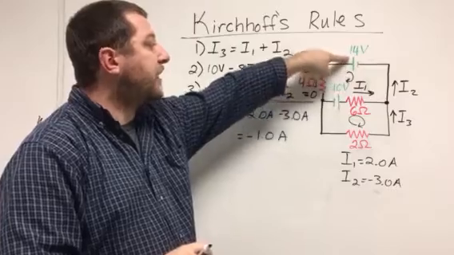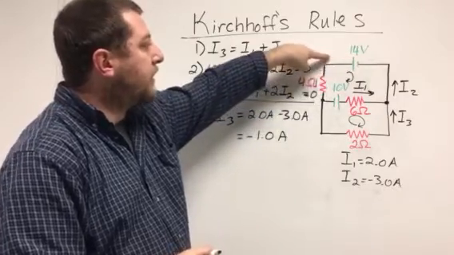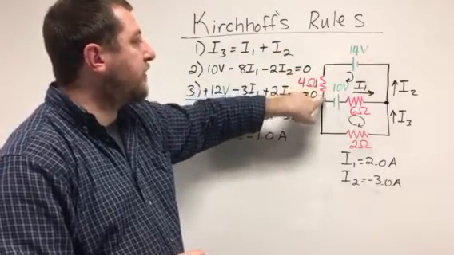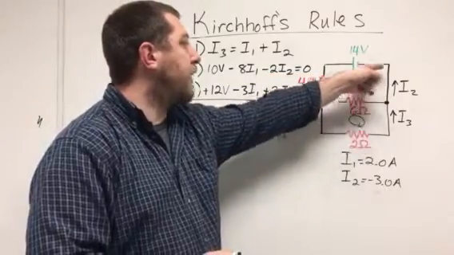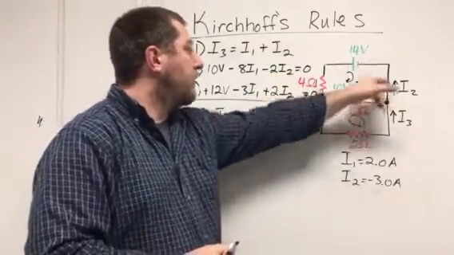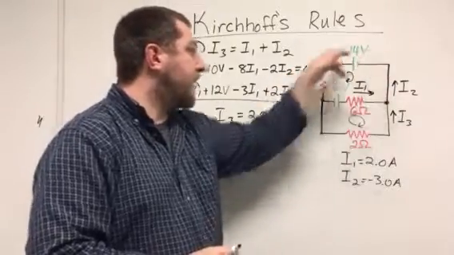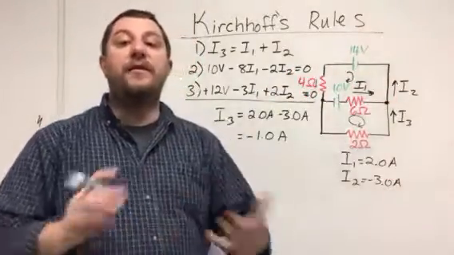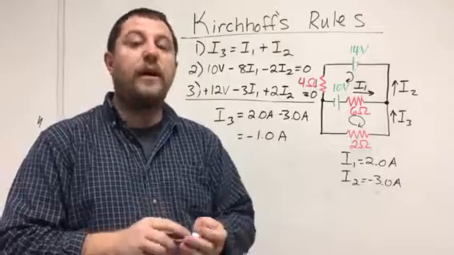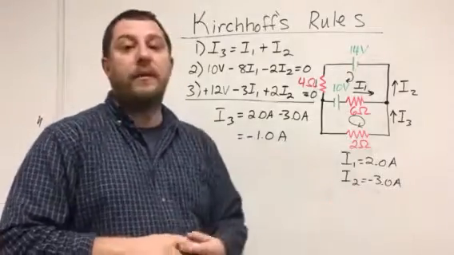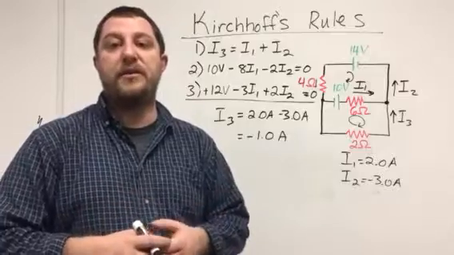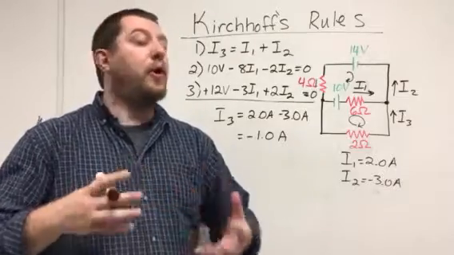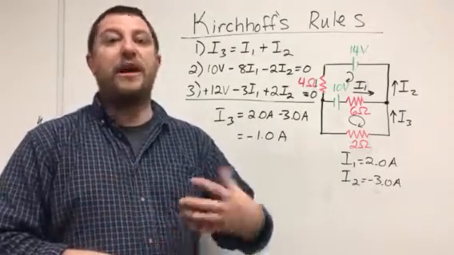So in fact, what's happening is that the current is leaving this 14 volt battery, splitting off at this branch, and then adding back up, right? So that is physically what's happening. But again, you can define the direction of your currents however you want. If you get a negative sign, all it means is that your initial pick for your directions was wrong. There's nothing wrong mathematically with it. It doesn't mean you got the wrong answer.